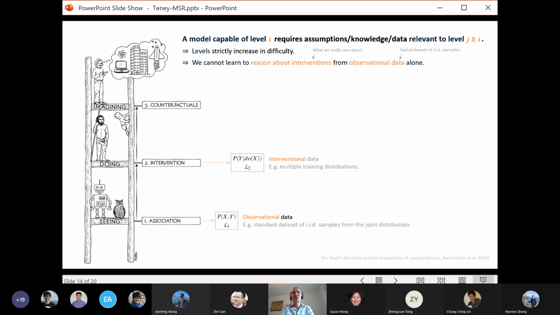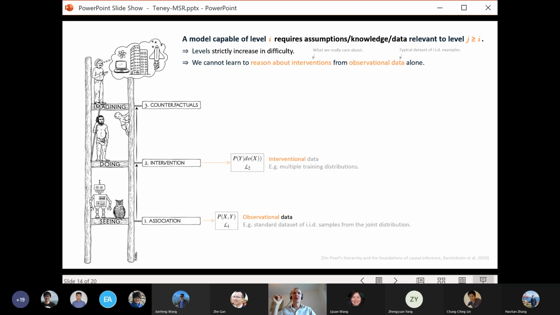If we have an image recognition task, multiple sets of images from, say, different parts of the world, or images acquired in different lighting conditions, or data that maybe was annotated by different sets of annotators. So it's the idea of having multiple sets of data that have arisen from a specific intervention.